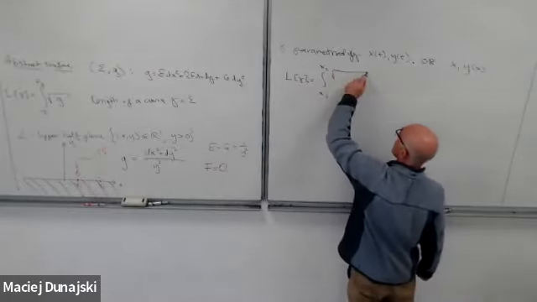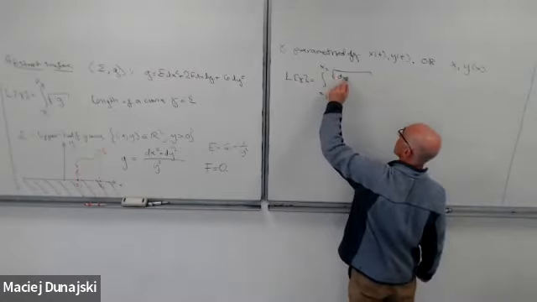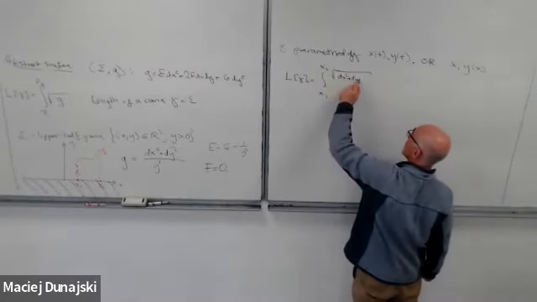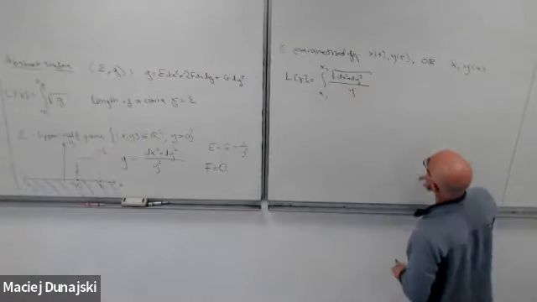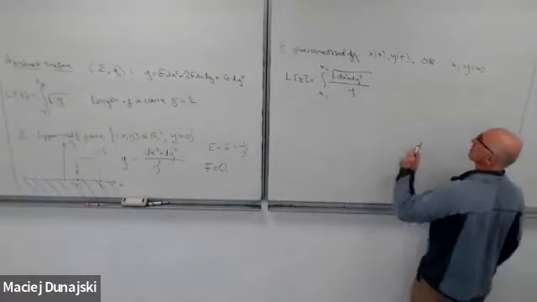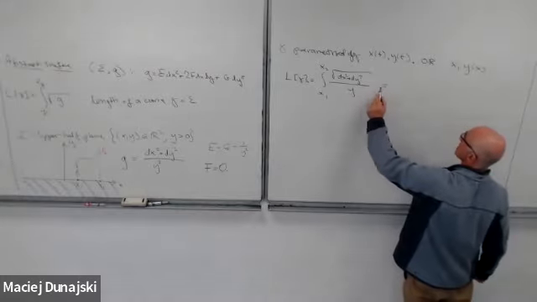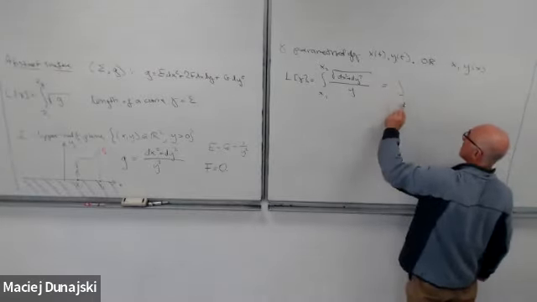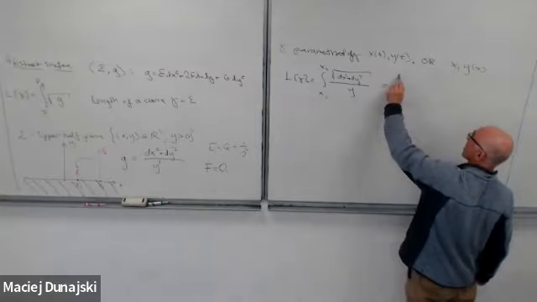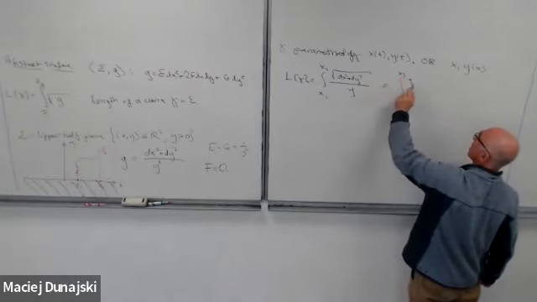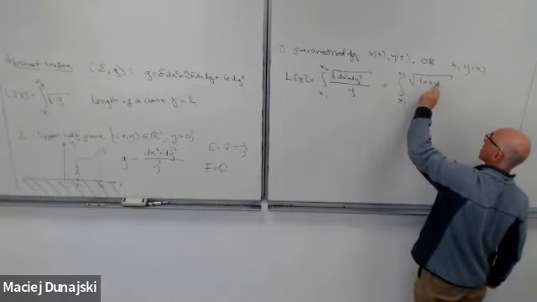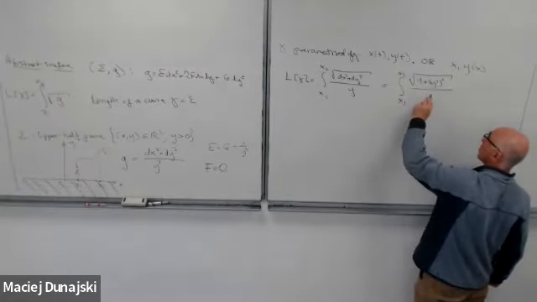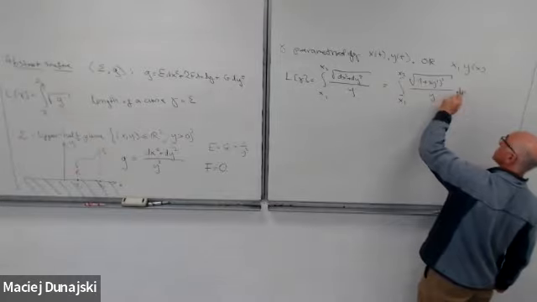So I'll have the square root of dx squared plus dy squared over y, but I'm thinking of y as a function of x. So that's the same as an integral from x1 to x2 of the square root of 1 plus y prime squared, over y, dx.